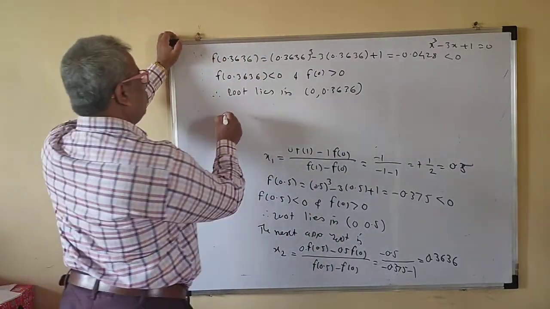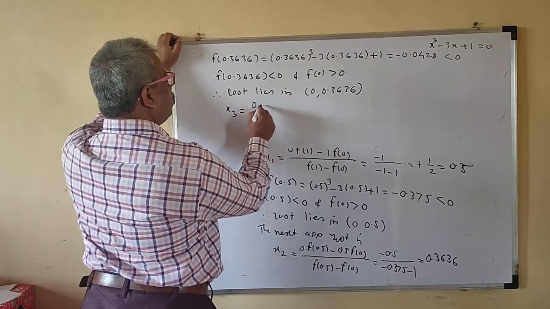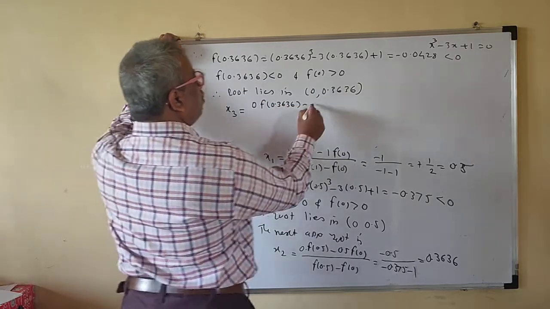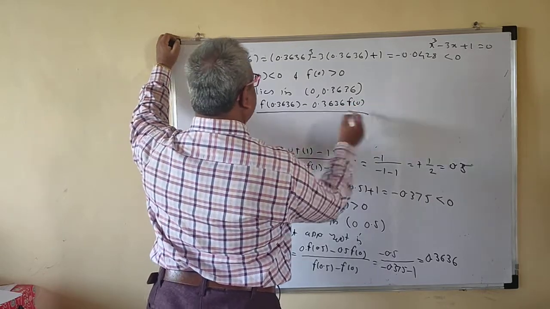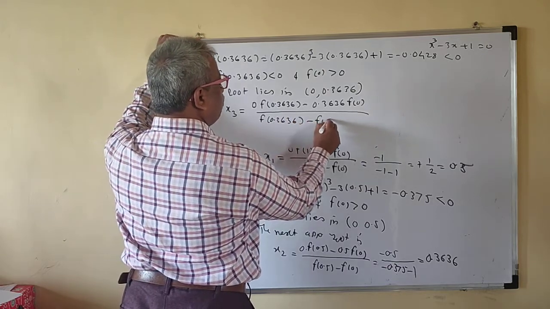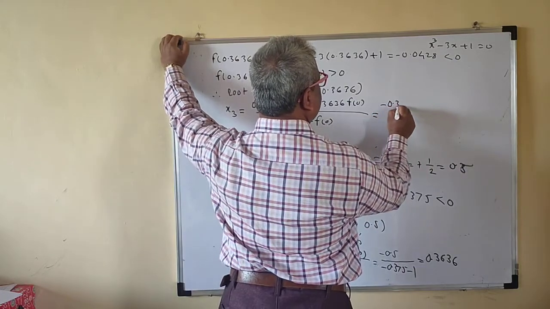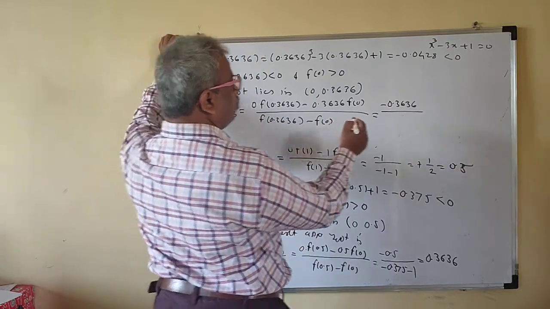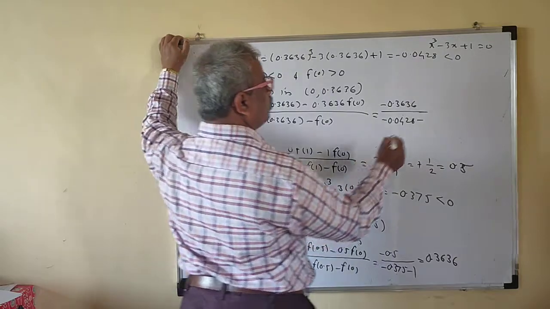Okay. So now your x3, the next approximate, is 0 into f of 0.3636 minus 0.3636 into f of 0 upon f of 0.3636 minus f of 0. So f of 0 is 1 now. So this is minus 0.3636 upon, so we have got this value, minus 0.0428 minus f of 0, which is 1.